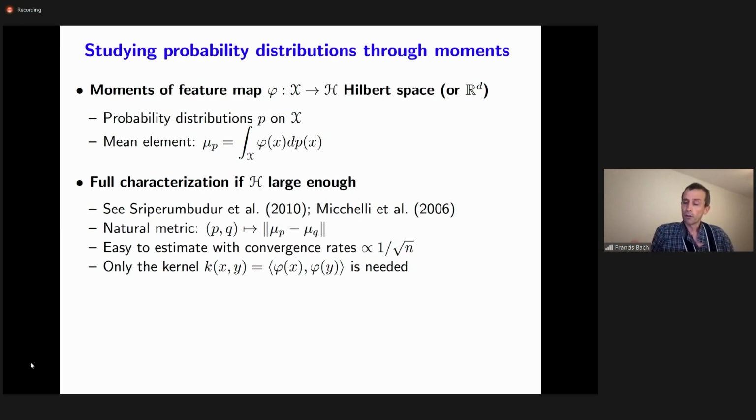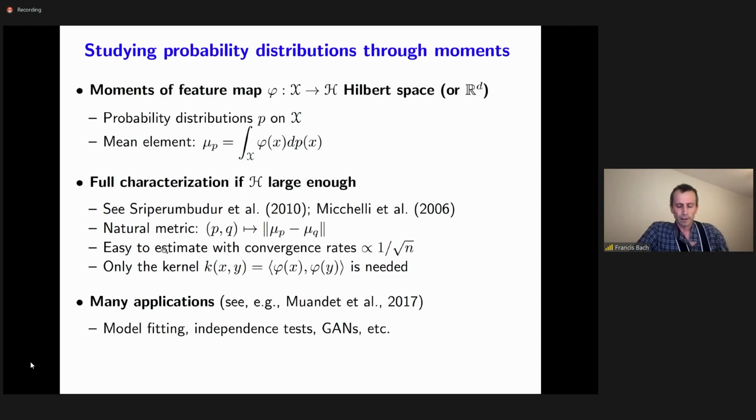Also, if you only know P or Q through i.i.d. samples, you can estimate with convergence rates in 1 over root n. So you don't see here the curse of dimensionality, which you see in many of the other distances. And if you want to work in high dimensions, with d being very large and sometimes potentially infinite, you only need the kernel k(x,y), which is the dot product between phi of x and phi of y. So it's very nice.